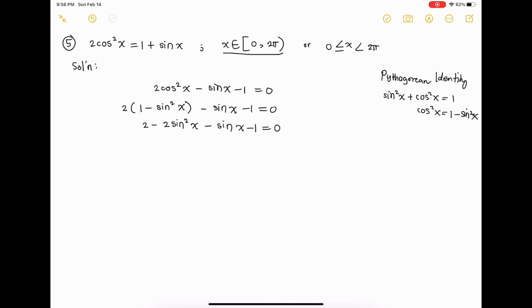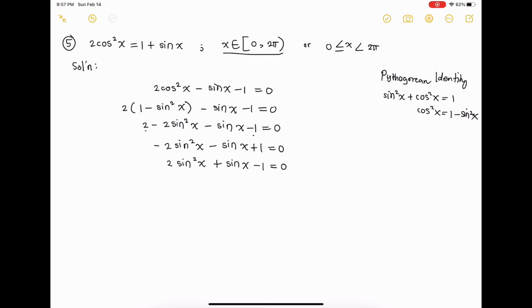Now, arrange the equation in descending order in terms of the degree. So we'll start with negative 2 sine squared x, minus sine x, 2 minus 1, that's plus 1 equals 0. Multiply negative 1 to the whole equation. We have 2 sine squared x plus sine x minus 1 equals 0.